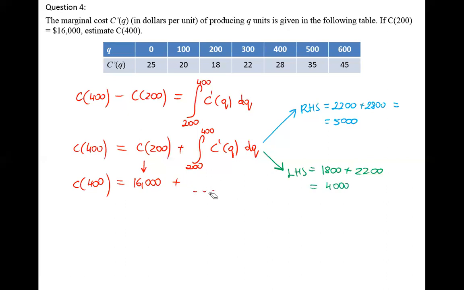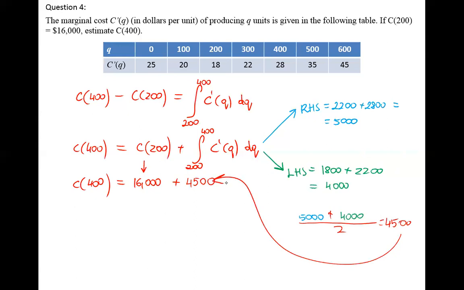We can add 5,000, we can add 4,000, or we can add the average. What's the average of 5,000 and 4,000? Can you tell me? Of course, 4,500. I'm just trying to use nicely the colors for you. Right?